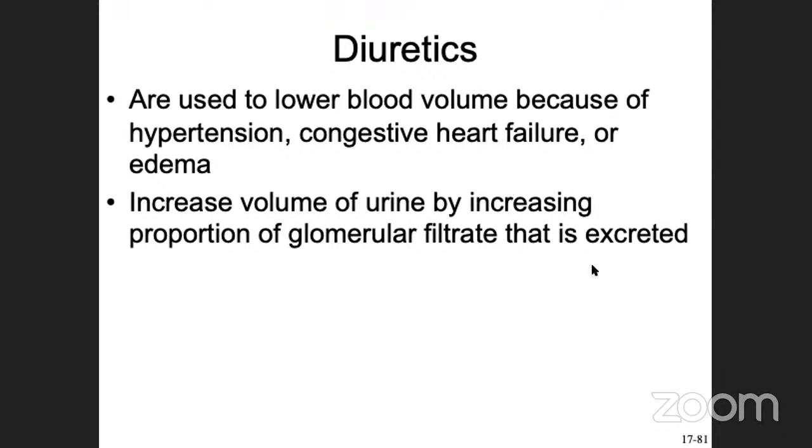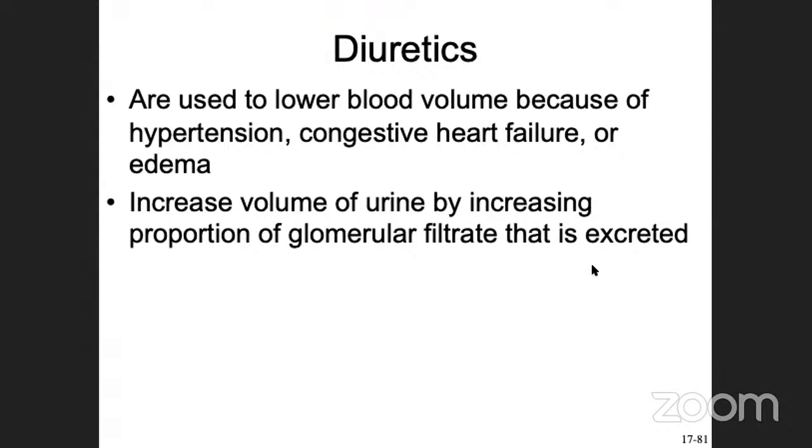It's receiving water or sodium, right, or blood plasma materials. So diuretics are used to lower blood volume because of hypertension, congestive heart failure, or edema. It's all related with the water, isn't it?